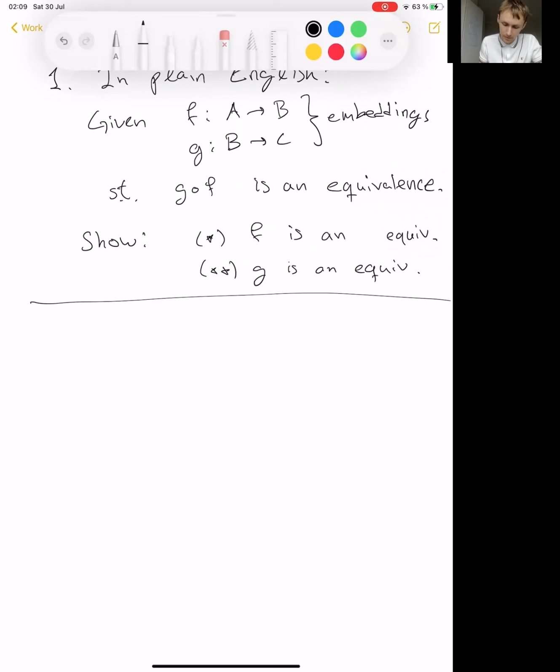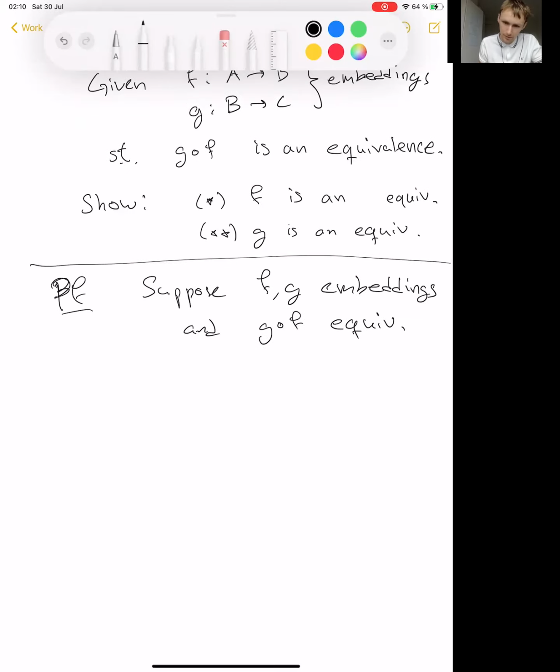The way to prove this is, well, proof. Suppose f and g are embeddings, and suppose that g composed with f is an equivalence.